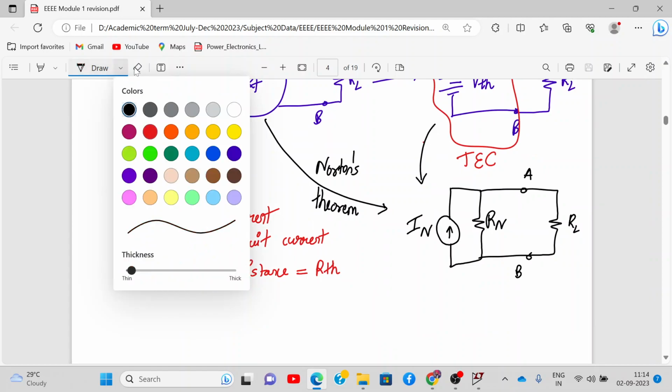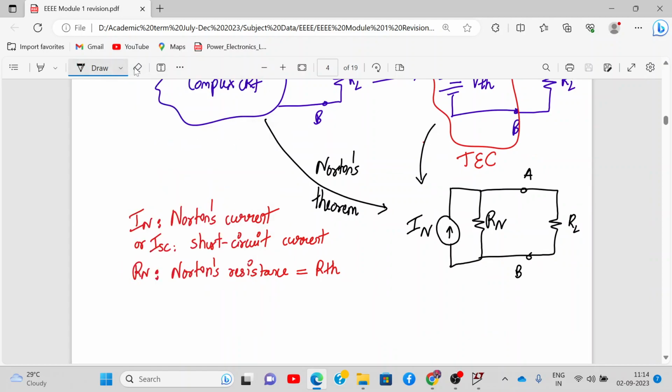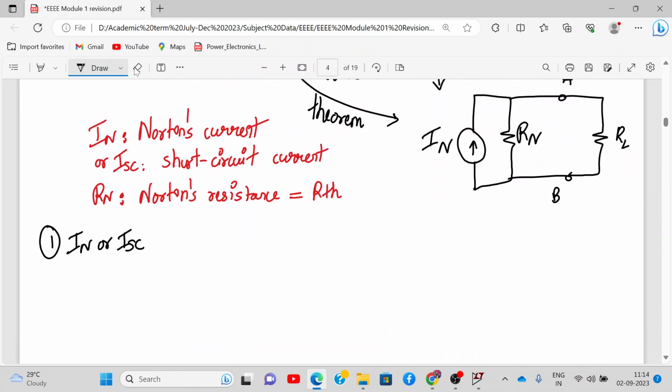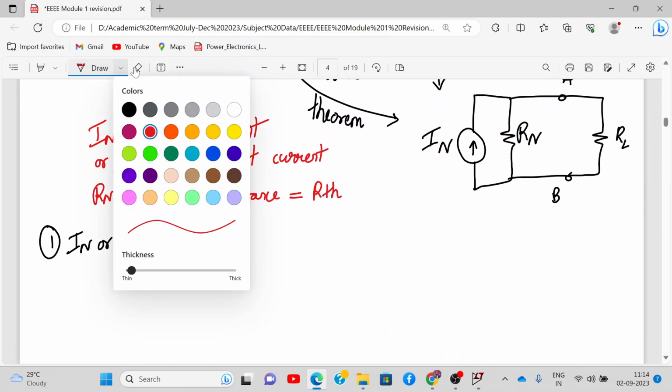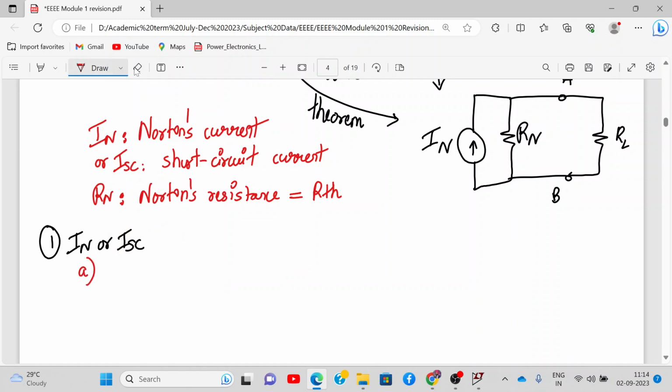What is the procedure to calculate IN? So let's write down calculation of Norton's current, IN. We call it IN or ISC. These are the steps; please write them down. Step number 1 is remove RL.